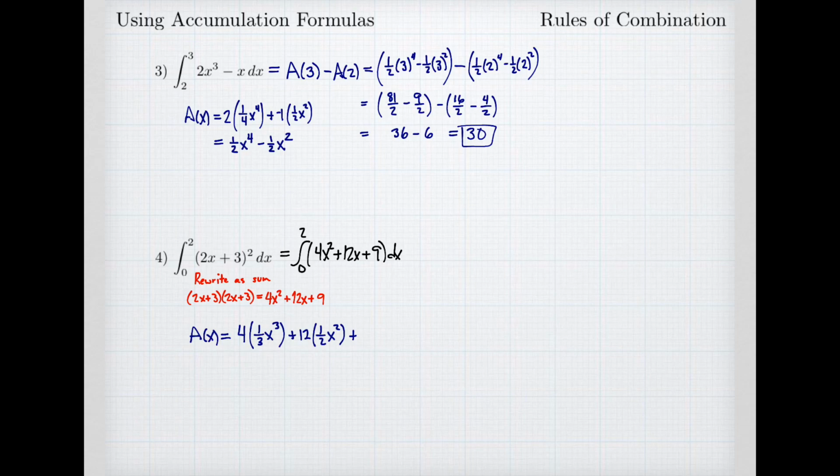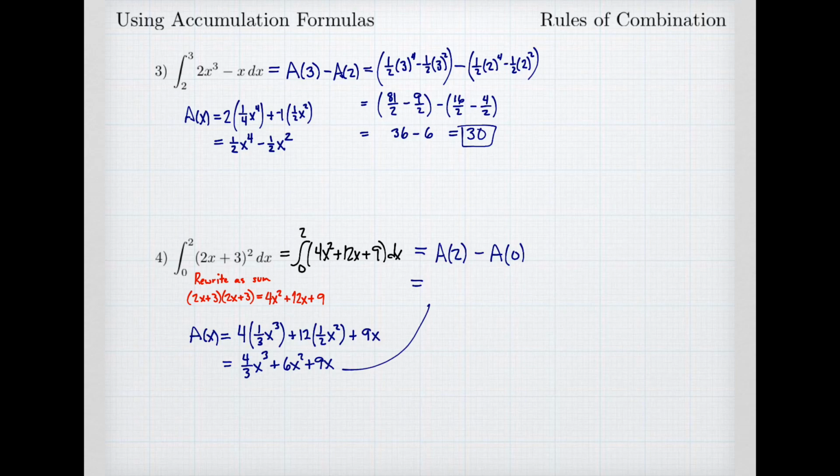So this is a constant, and I want to remind you that the integral of 1 had accumulation of x, so 9 has an accumulation of 9x. So let's simplify. 4/3 x cubed plus 6x squared plus 9x. This will be my accumulation formula, and I'll evaluate it at the endpoints. My definite integral is the value of my accumulation at 2 minus its value at 0.